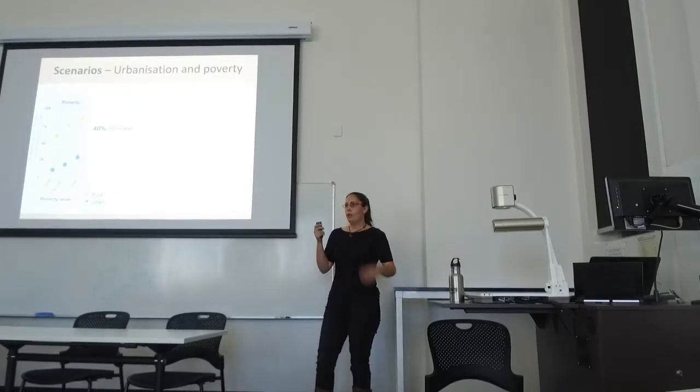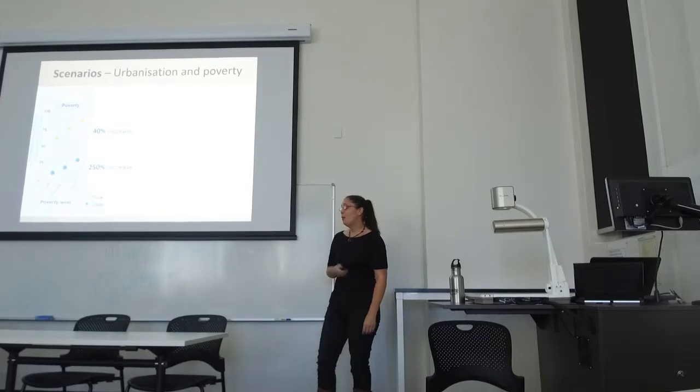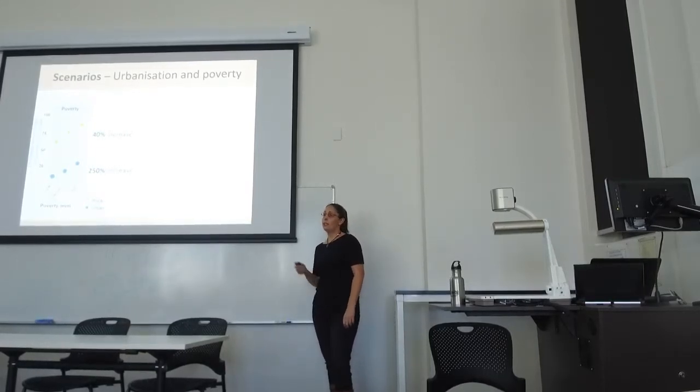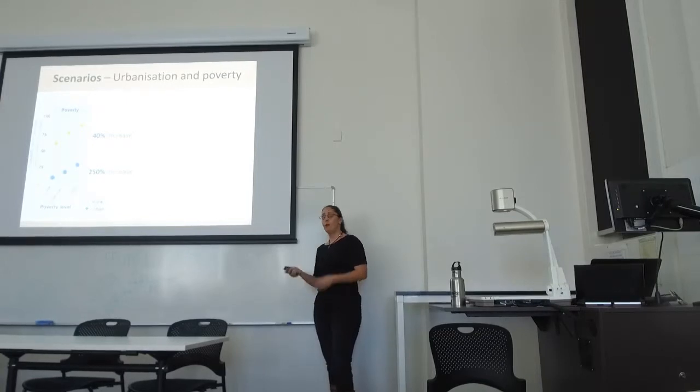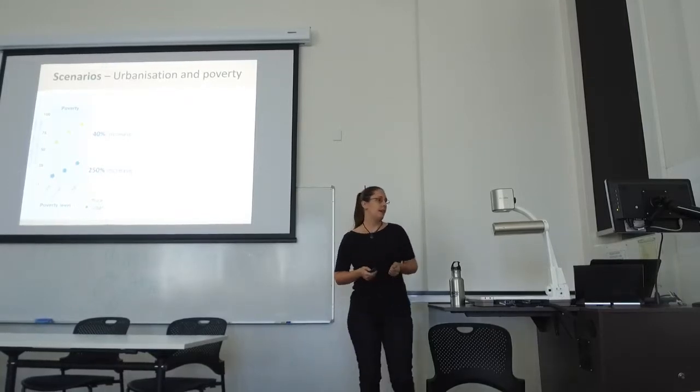So it's not surprising that in the high poverty levels, we're seeing a higher risk. However, in the urban areas, you were 2.5 times more likely to be in a high-risk village if you're in those poorer communities. So we're seeing a really big effect of poverty within these scenarios.